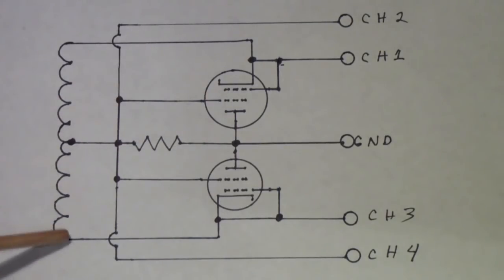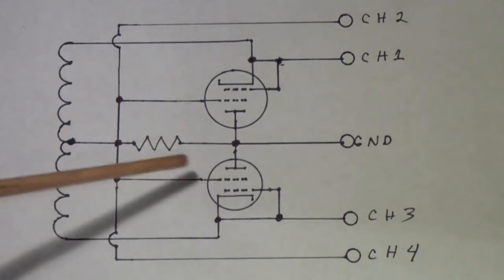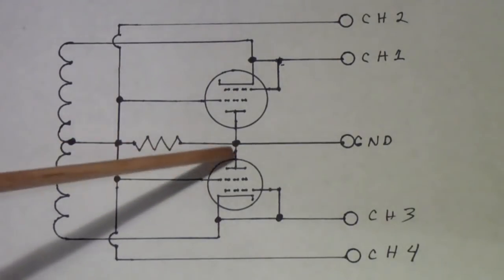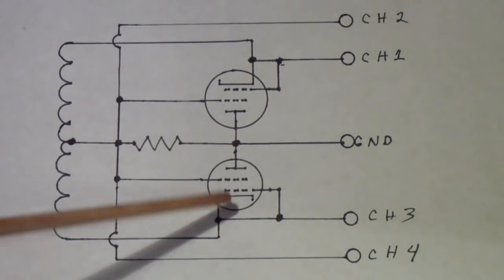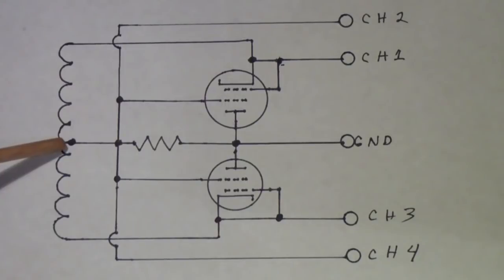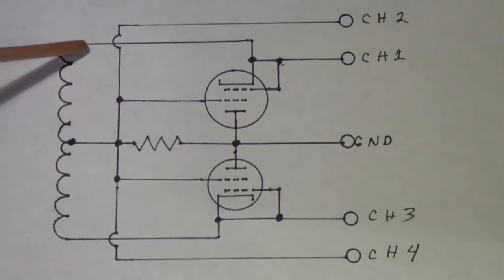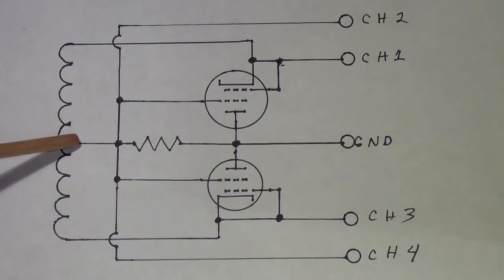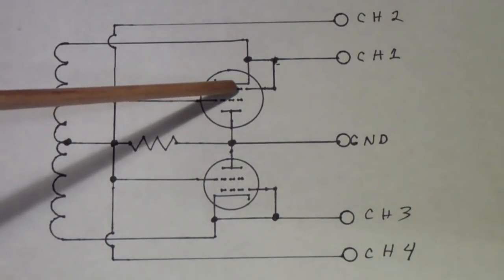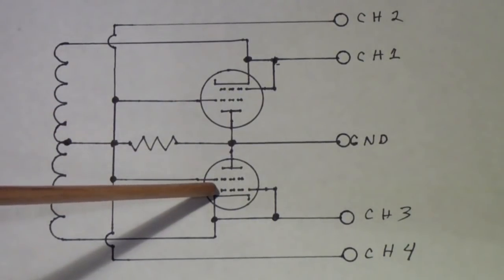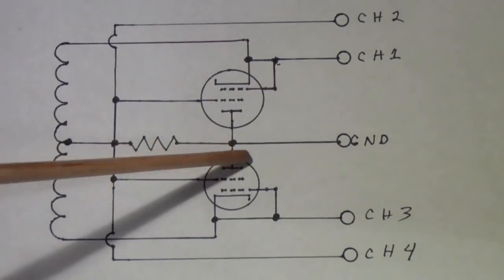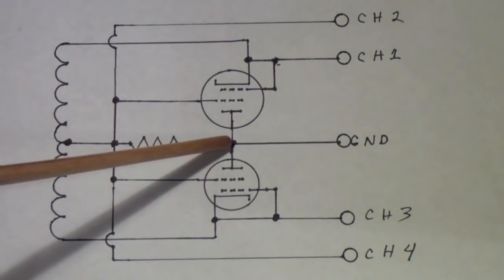So for a half a cycle, this tube conducts, and the current through this resistor is the plate current of that tube. The second half cycle, when this becomes negative relative to this, then this tube conducts and this tube turns off, and the current through that resistor is the plate current in that tube.